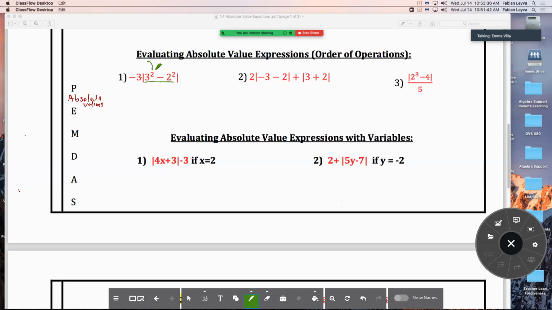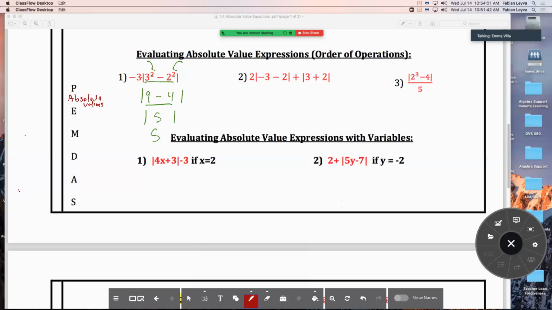Yes, there are 2 of them. Let's simplify those. 3 squared is 9 minus 2 squared, and 2 squared is just a +4. Don't forget that we're taking the absolute value of these. Looking at everything inside those absolute values, there's only one operation, 9 minus 4, which is a +5. And then finally, I can take the absolute value of it, which is a +5.